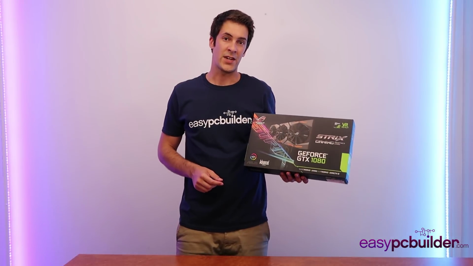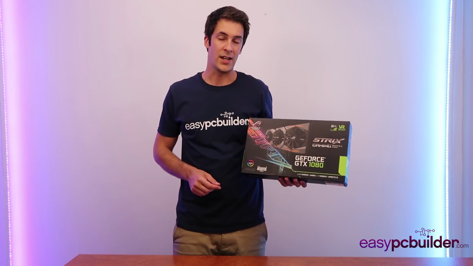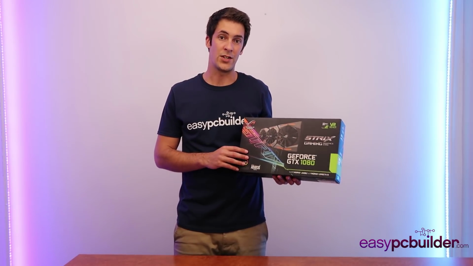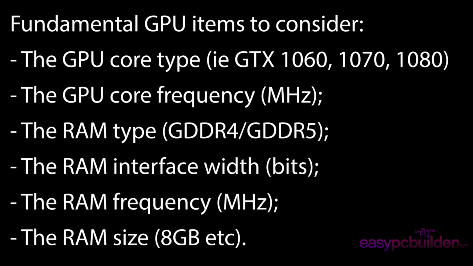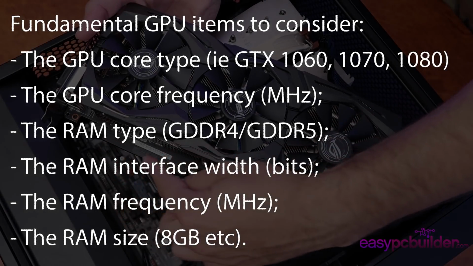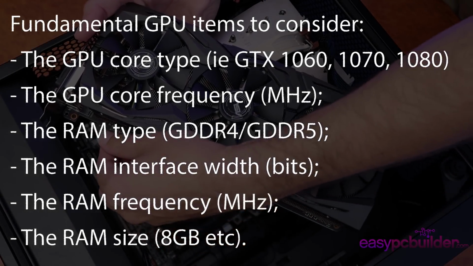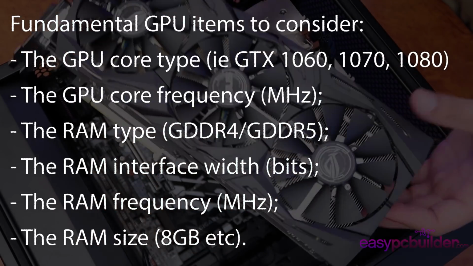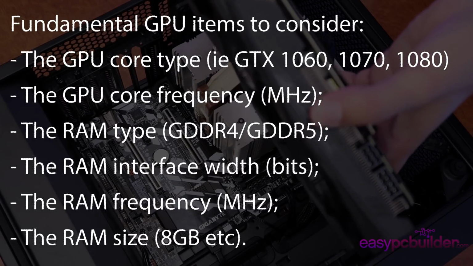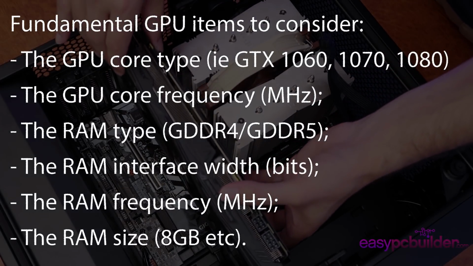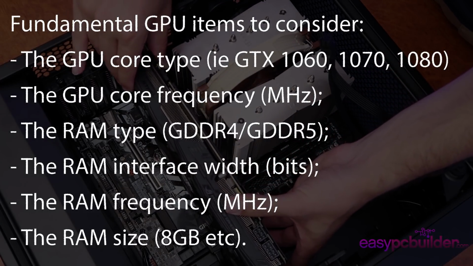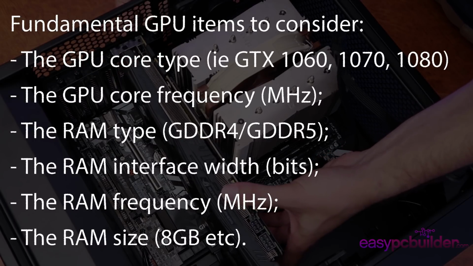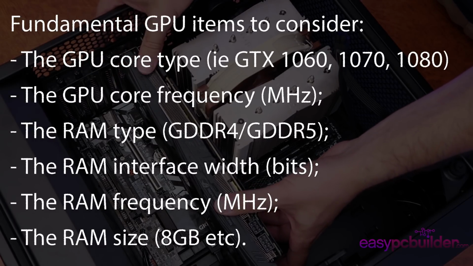With graphics cards especially, don't pay attention to the marketing. Look at the specifics of the GPU that you're looking to purchase. The GPU core type, such as a GTX 1060, 1070 or 1080, the GPU core frequency, the RAM type, the RAM interface width, such as 256 or 384 bits, the RAM frequency, and the RAM size.